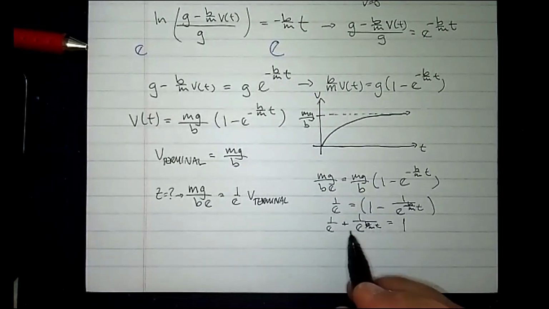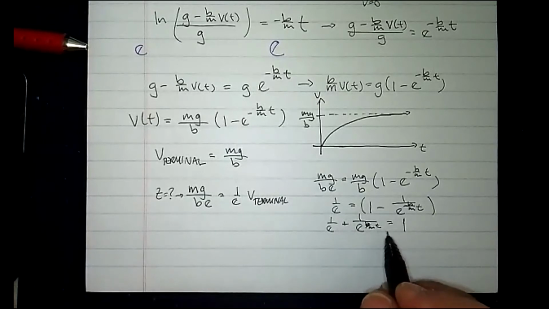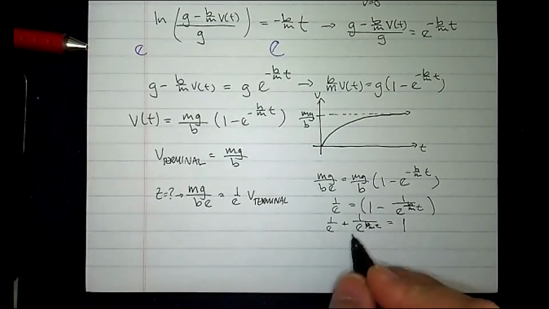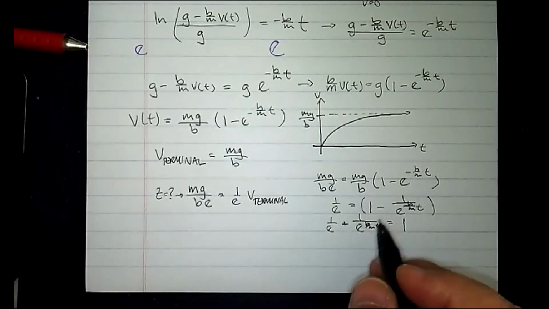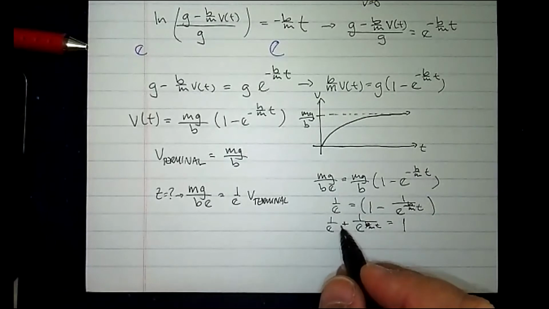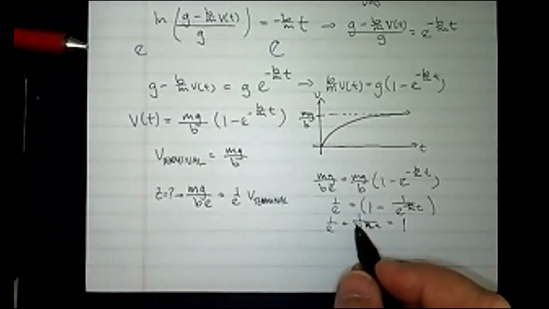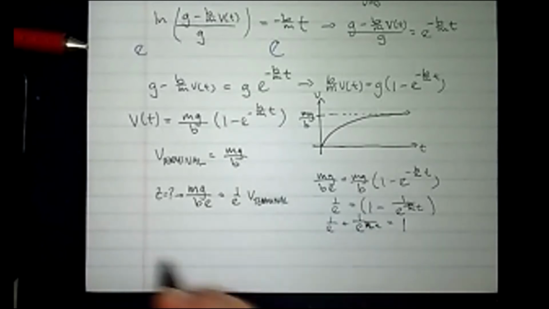The way I might do that is notice these two have to sort of be added. That's a bit of a problem. What's a better way? Actually, I think that's good that way. I could get a common denominator by multiplying this by e to the b over m t in the bottom, and multiply this by e in the top and bottom. So let's try that.